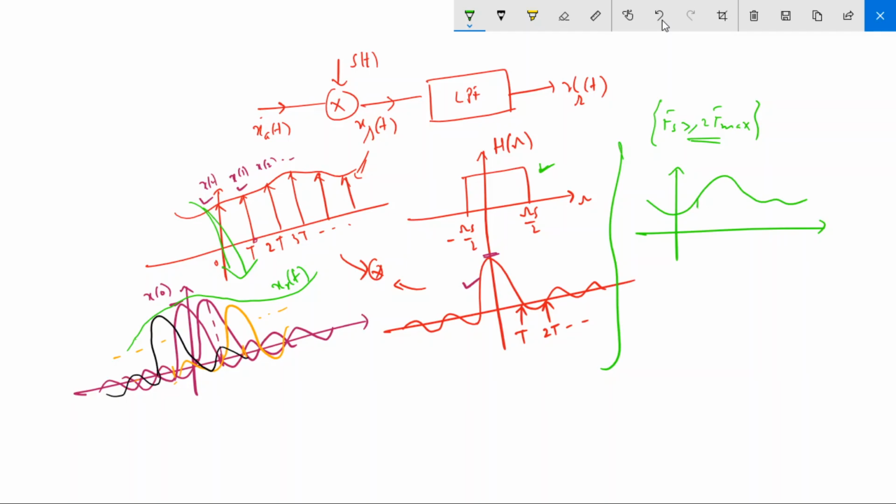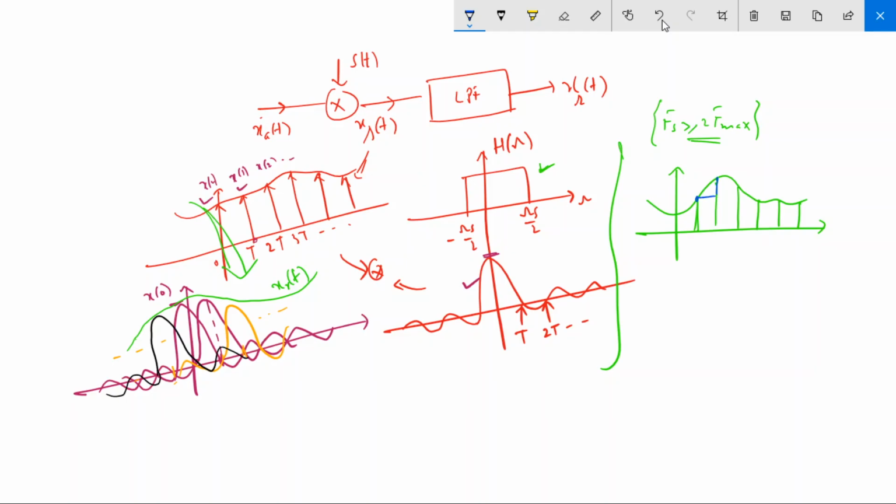Suppose this is an analog signal and you sample it like this. Now from the samples, how can you reconstruct the original signal? There are many ways. One is just a zero order hold circuit. So it samples this point, suppose, and holds it till you get the next sample.